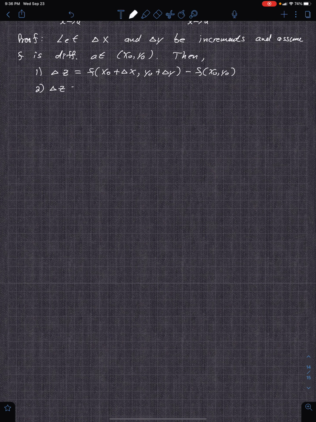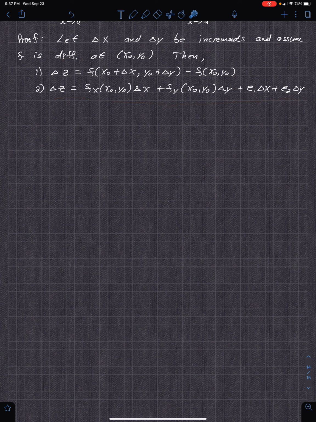We get delta z can be expressed in this form: partial fx of x naught, y naught, delta x, plus partial fy of x naught, y naught, delta y, plus epsilon 1 delta x plus epsilon 2 delta y. That's what we get, basically, by definition of delta z, and by definition of differentiability.